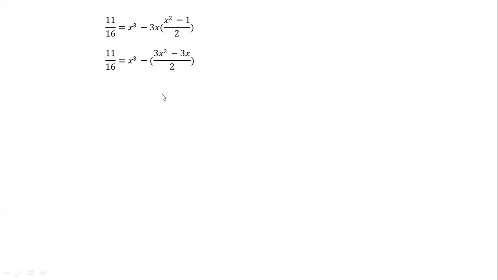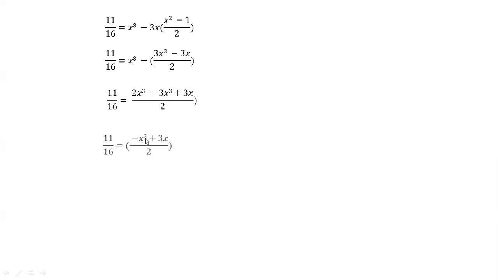Once you multiply it, now let's take the LCM of the whole thing. It will become 2x cubed minus 3x cubed, minus minus 3x will become plus 3x. 2x cubed minus 3x cubed will be minus x cubed.